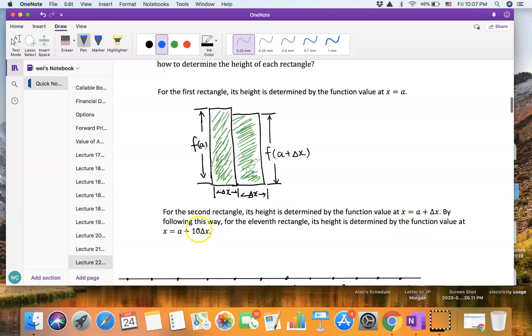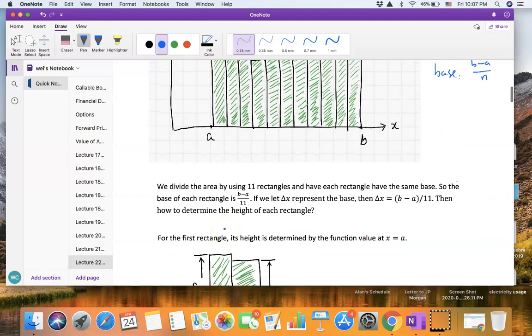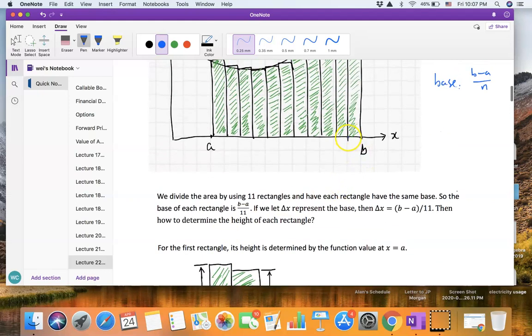So by following this way, for the last rectangle, the 11th rectangle, its height is determined by the function value at the point x equals a plus 10 delta x, which is this point, right?